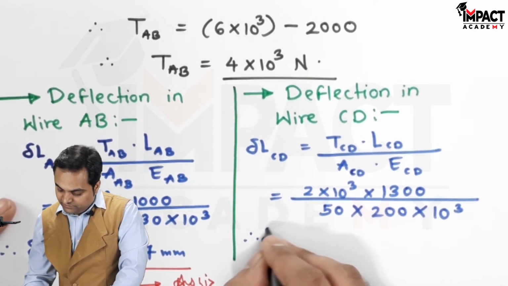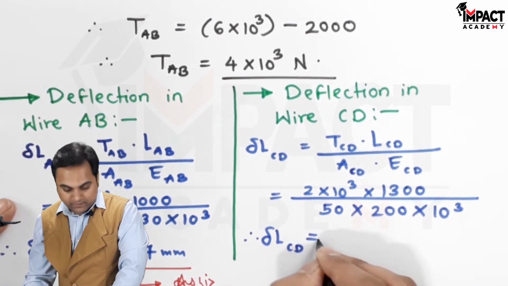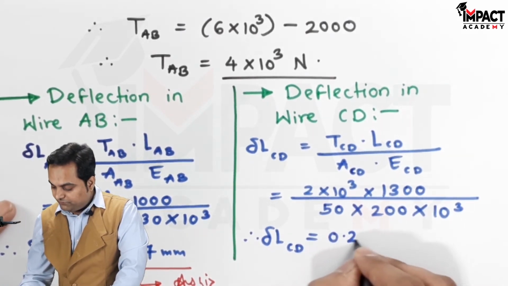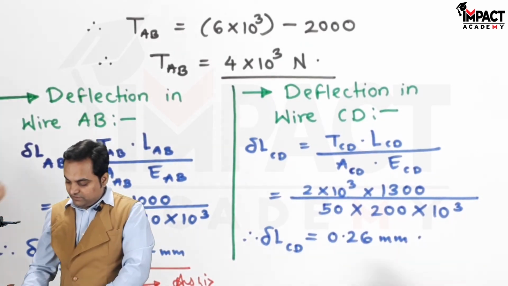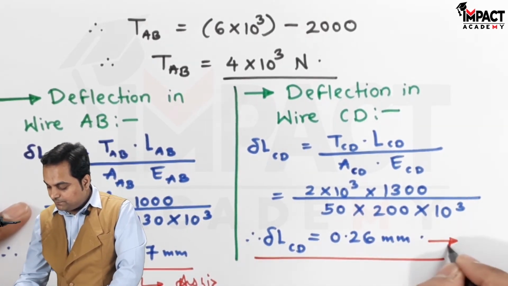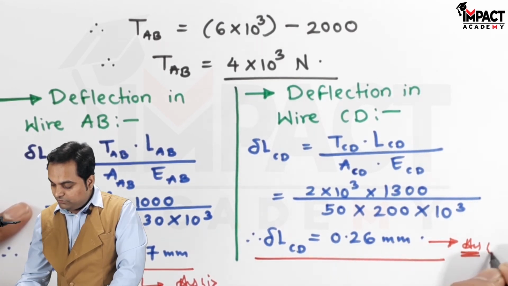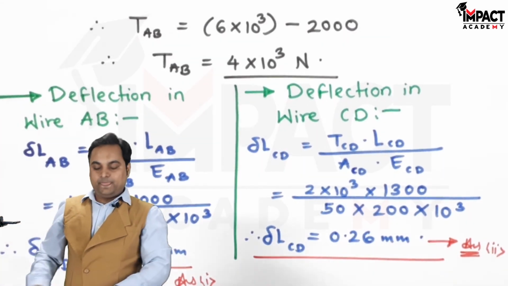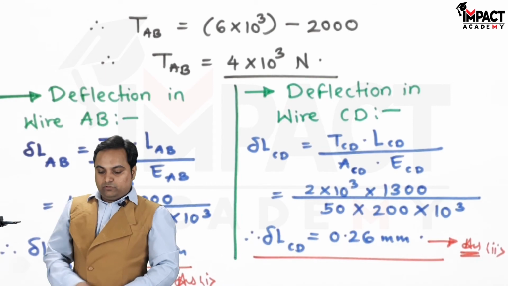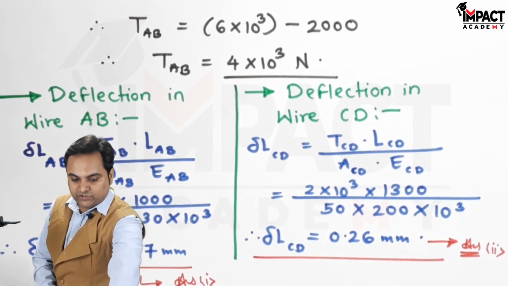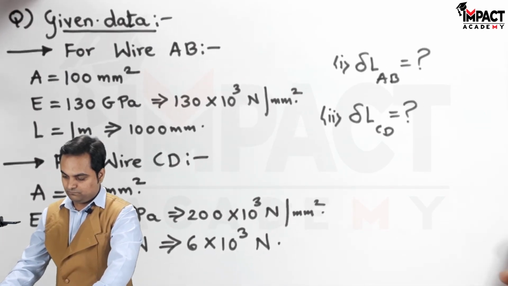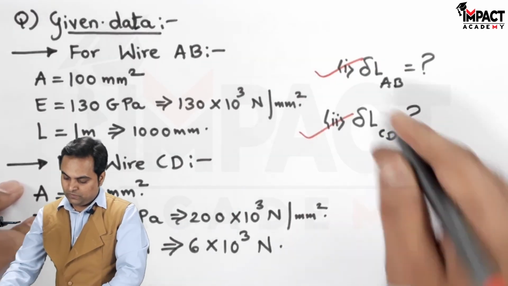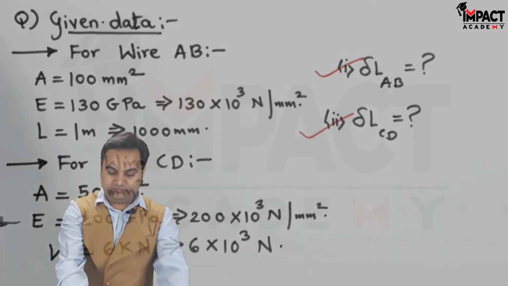So from this, the deflection in string CD comes out to be 0.26 mm. So these are two unequal deflections in both the wires. That is the second answer. So we have found out the deflections as mentioned in the question. Both the questions have been solved.